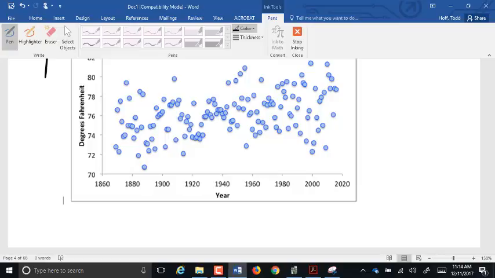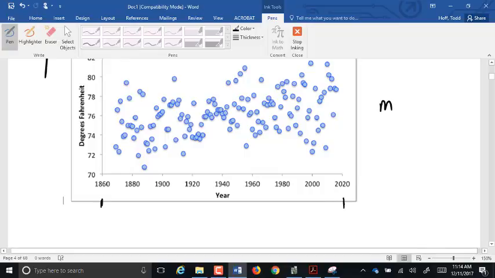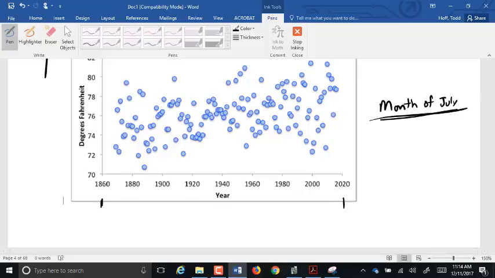Okay, yeah, so we're looking from 1960 to 2020. And remember, this is just the month of July each year. So they're taking into account the seasonal, and it is the average for the whole month of July, the mean for the whole month of July.